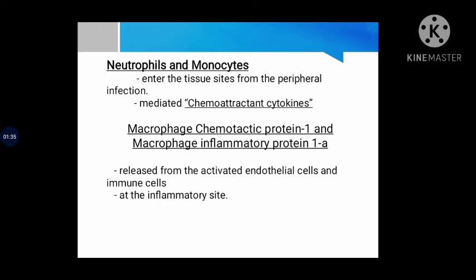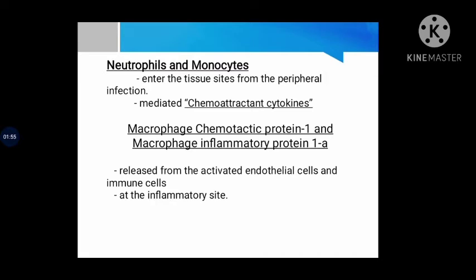During the inflammatory response triggered by the infection, neutrophils and monocytes enter the tissue sites from the peripheral infections. This cellular influx is mediated by the action of chemoattractant cytokines, also called chemokines.